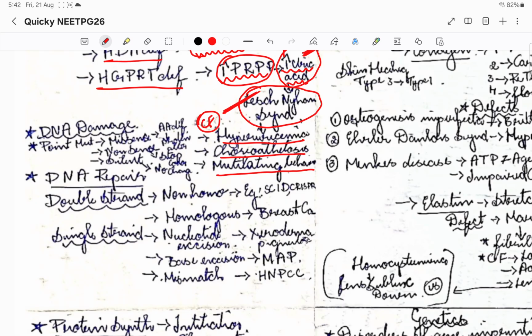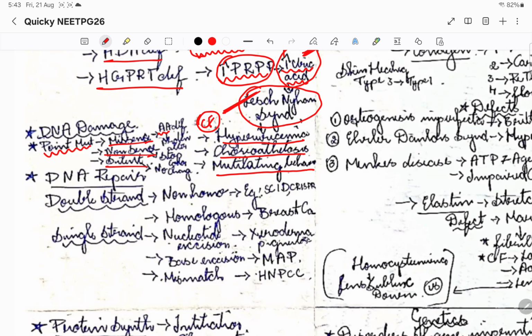So DNA damage, if there are many mutations, the only mutation that you need to focus on is point mutation. Okay, in point mutation there are three types: missense, nonsense, and silent. Okay, missense, nonsense, and silent. What is missense?